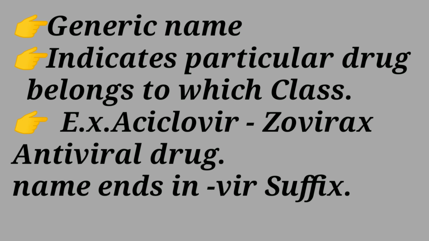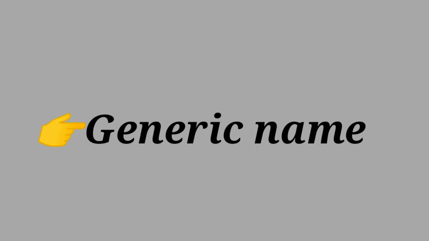For example, acyclovir, a drug under the trade name Zovirax, is an antiviral drug. We can say that acyclovir belongs to antiviral drugs as its name ends with the suffix vir. So this is the generic name.